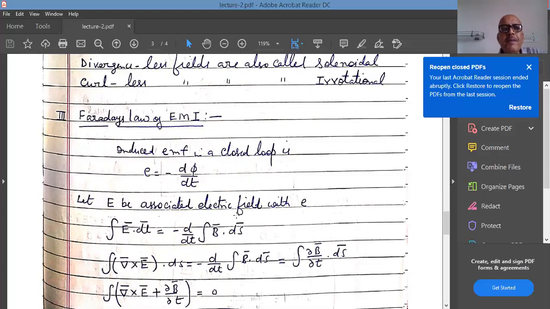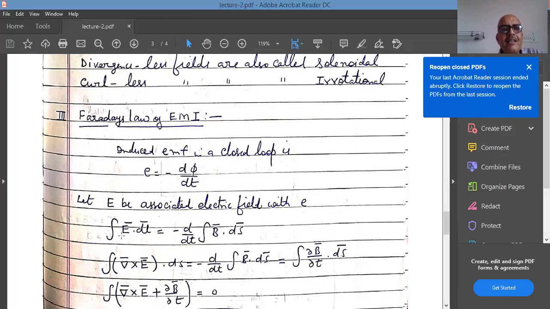So going with the general definition of the potential, it is the amount of work done to bring a charge from infinity to that point, called the potential at that point. Similarly, the potential difference is the amount of work done to bring a unit charge from one point to another, called the potential difference between those two points.